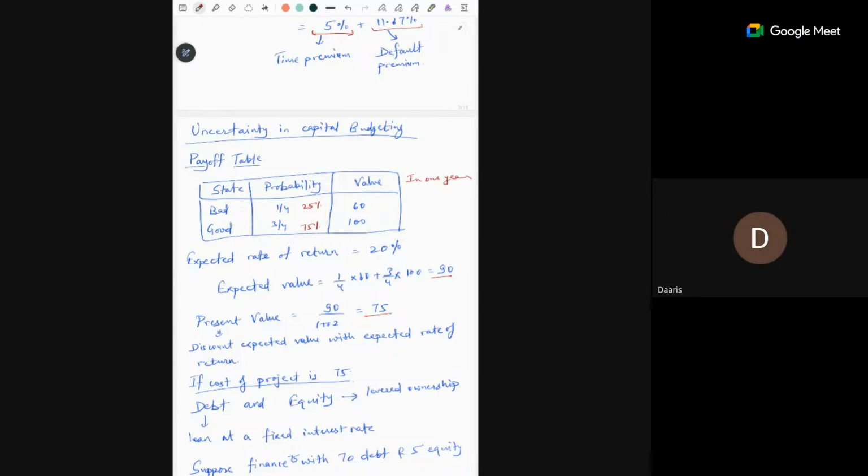So if 75 is the price of this project, then it can be financed by two major sources of financing, known as debt and equity.